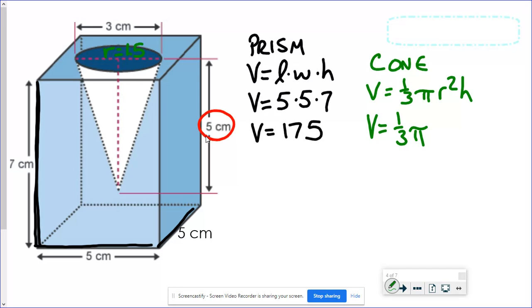And the height in here, that's where that 5 comes from. The cone doesn't go all the way down to the bottom of the prism. The cone is only 5 centimeters tall, so it doesn't touch the bottom. So we're going to have 1/3 pi times 1.5 squared times 5. So 1.5 squared is 2.25 times 5 times pi, and then divide by 3.